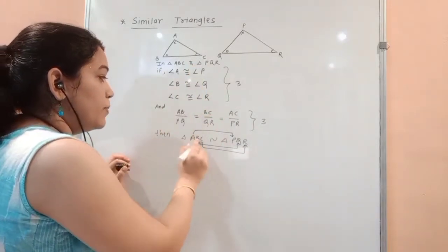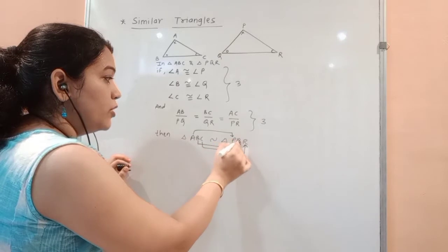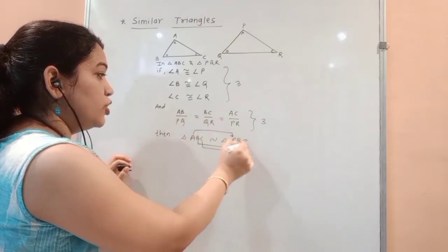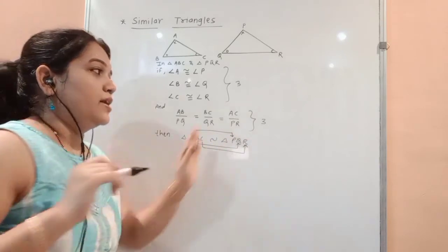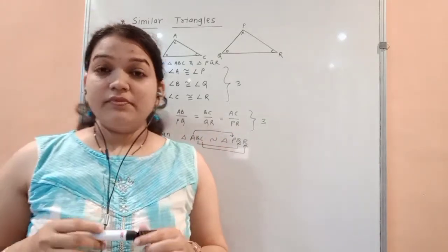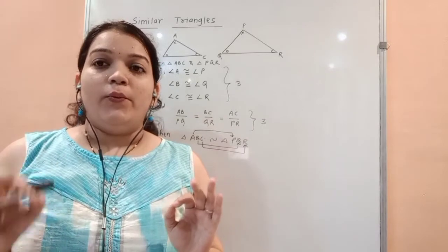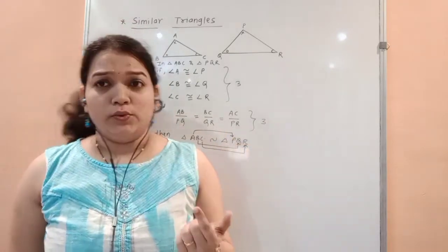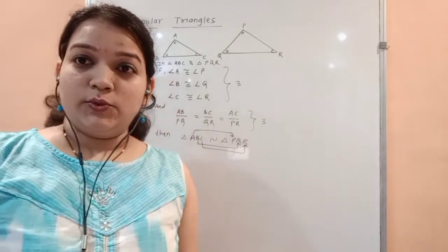AB upon PQ means this side AB upon PQ is in the same proportion as BC upon QR and AC upon PR. So proper correspondence is very important while writing similarity or congruency. Is this clear to you students?